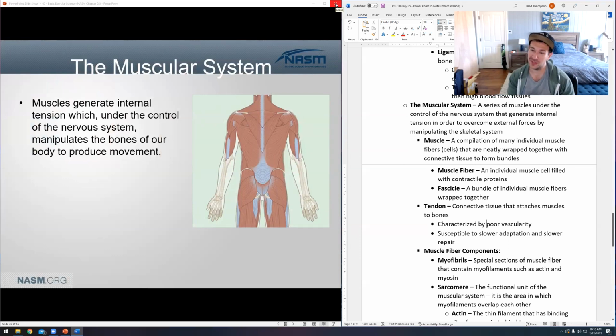But either way, the one thing that we do know is that your muscles are really cool little organs that are able to generate their own internal tension and shorten themselves, which will drag around your skeletal system. That is happening in every one of your muscle cells that make up an entire overall muscle.